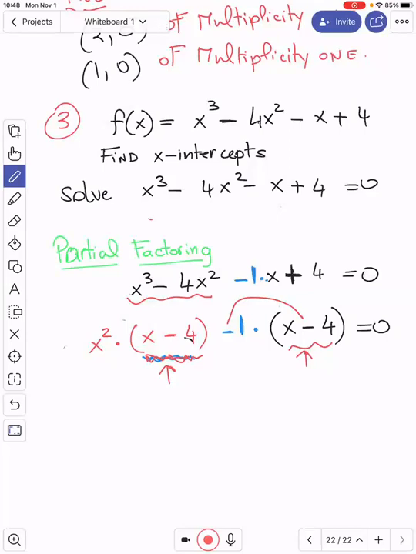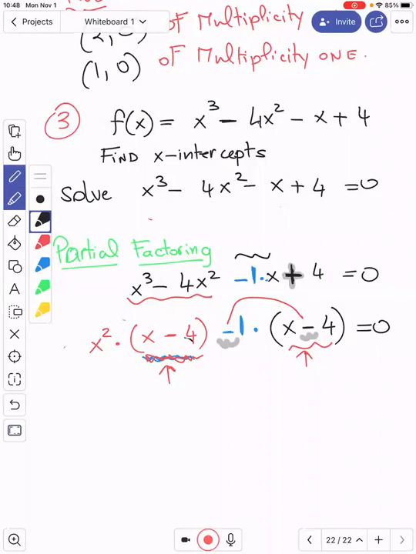You mean the x minus 4? Yeah, x minus 4, because I pulled out negative 1. So this negative times this negative is why we have plus 4. Oh, good, got it.